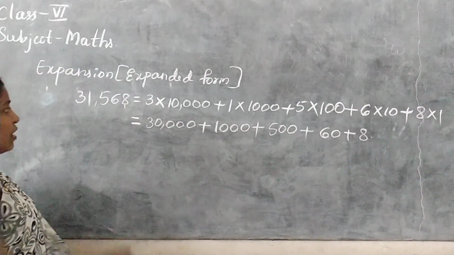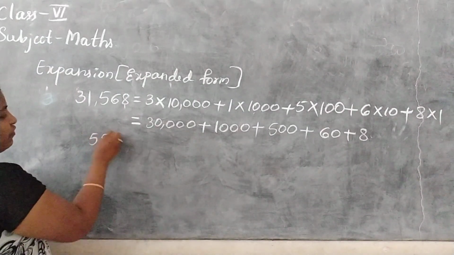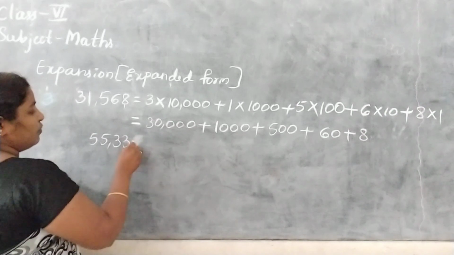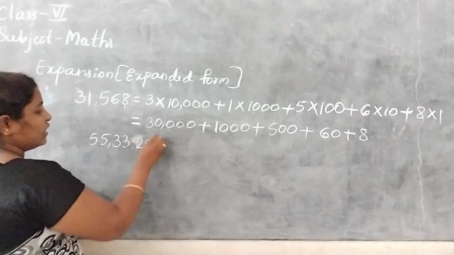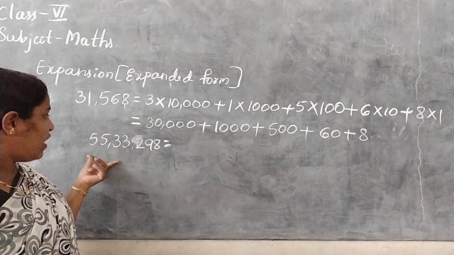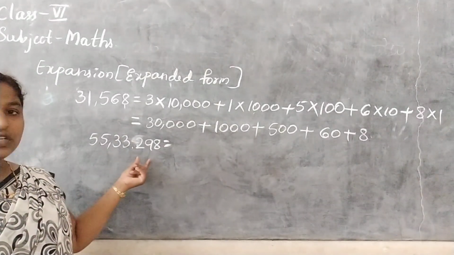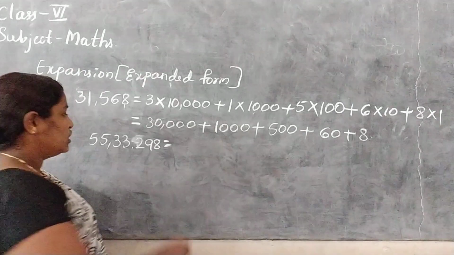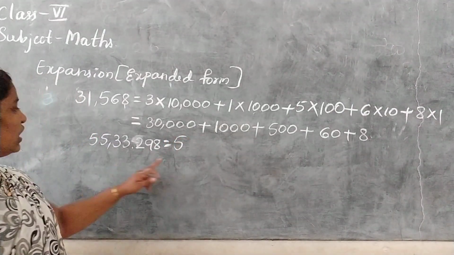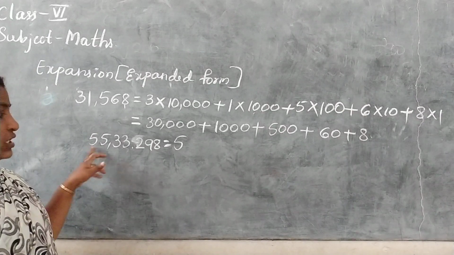I'll take another example: 55,33,298. Write the first digit 5 and count which place it is.